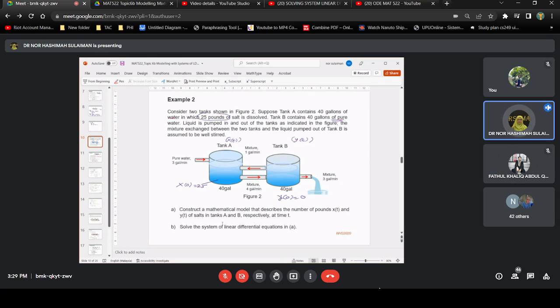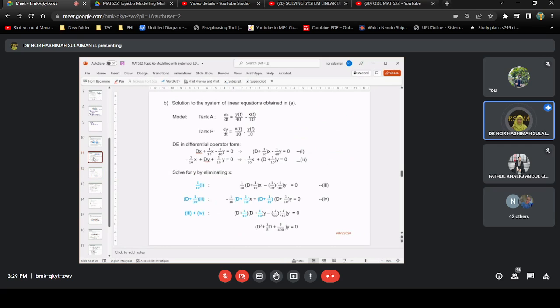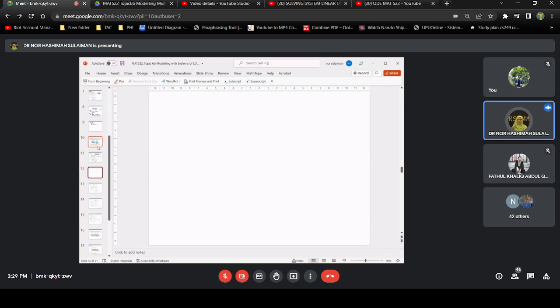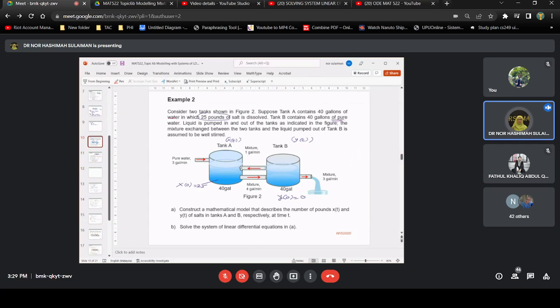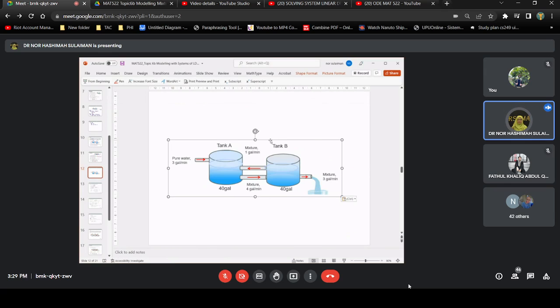Dia nak construct the mathematical model that describe the number of pounds x(t) and y(t) of salt in tank A and tank B respectively. Again yang ni pun saya dah bagi dia punya solution. You boleh tengok kemudian nanti. Kita fokus on constructing the model. Okay, macam tadi I will copy the, kita copy yang ni lah.